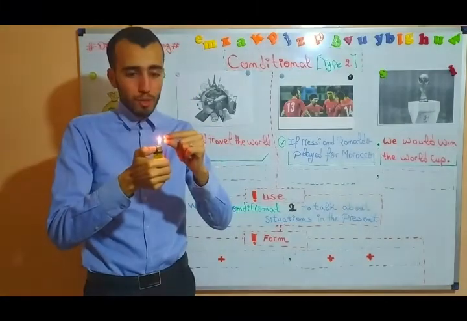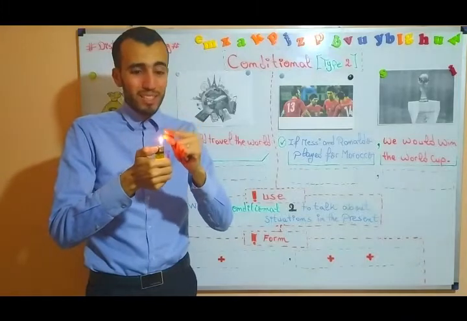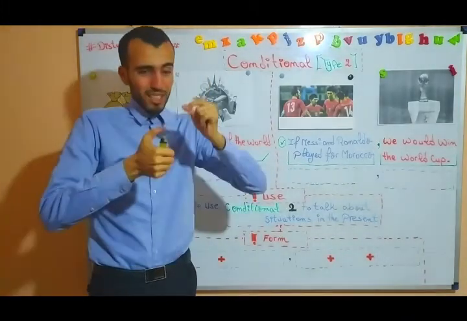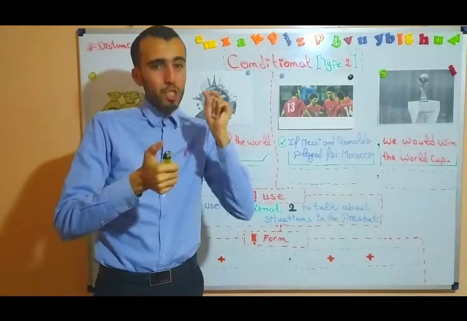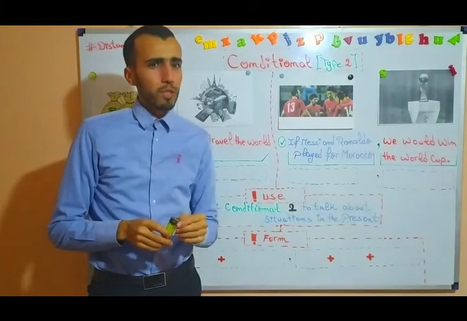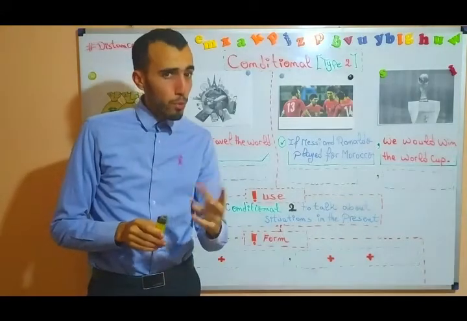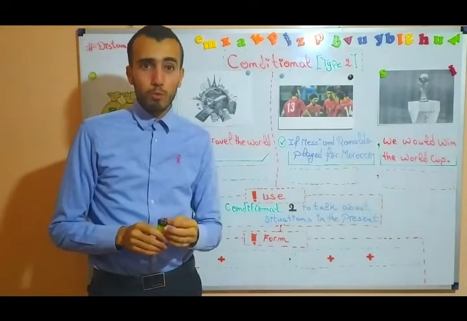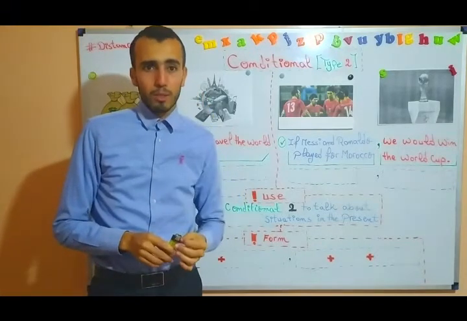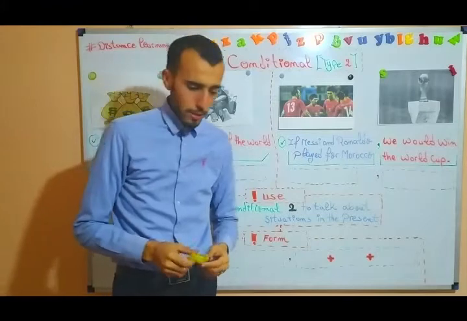If you touch the fire, you get burned. You get burned if you touch the fire. So this is an example we have seen before. It's a general truth. That's why we use simple present in both parts of the sentence.